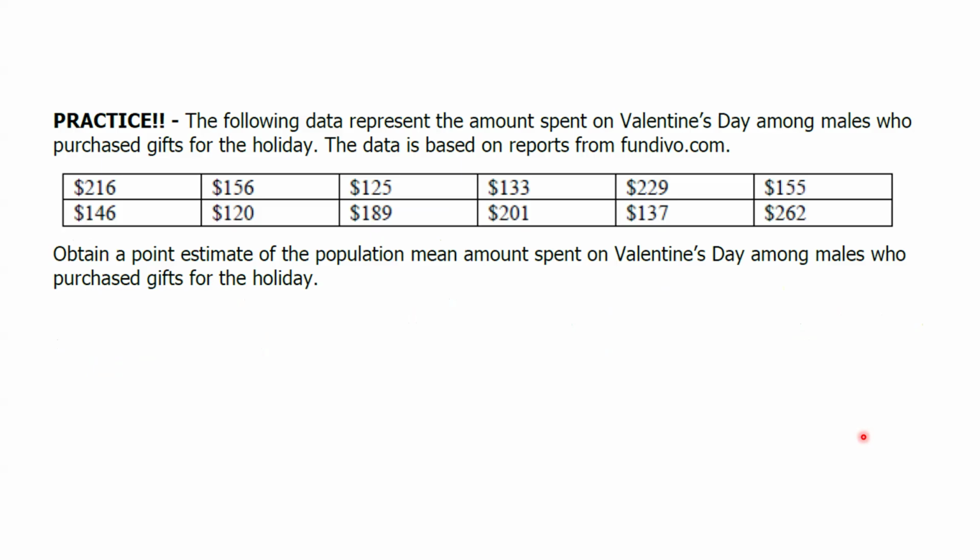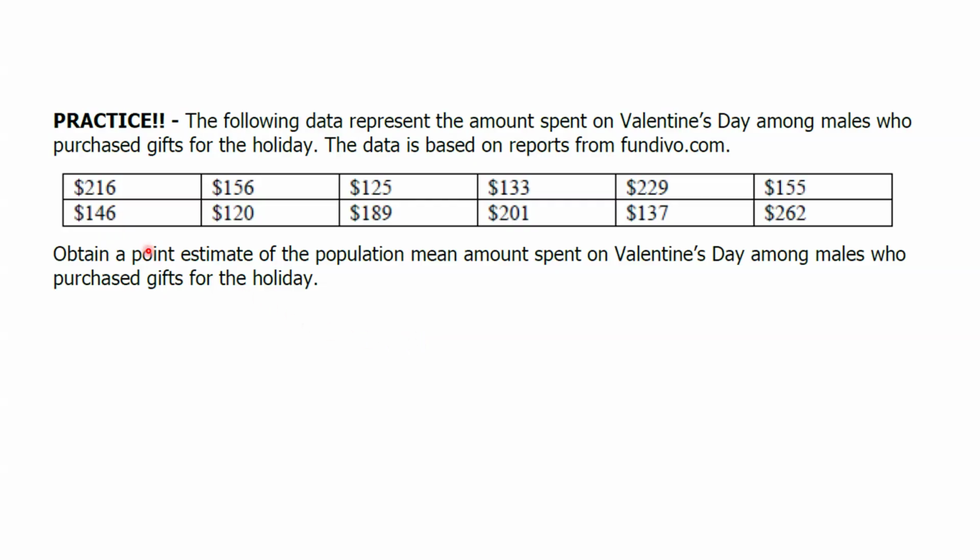So in our first practice here, the following data represents the amount spent on Valentine's Day among males who purchase gifts for the holiday. The data is based on reports from fundevo.com. Okay, so here are all of our data values. We are asked to obtain a point estimate of the population mean amount spent on Valentine's Day among the males who purchase gifts for the holiday.